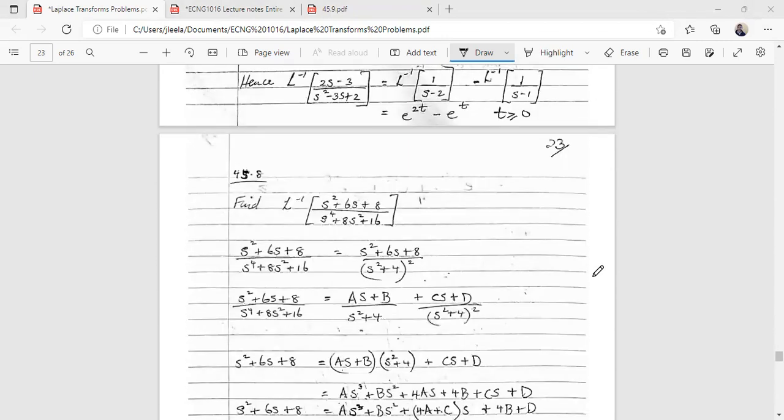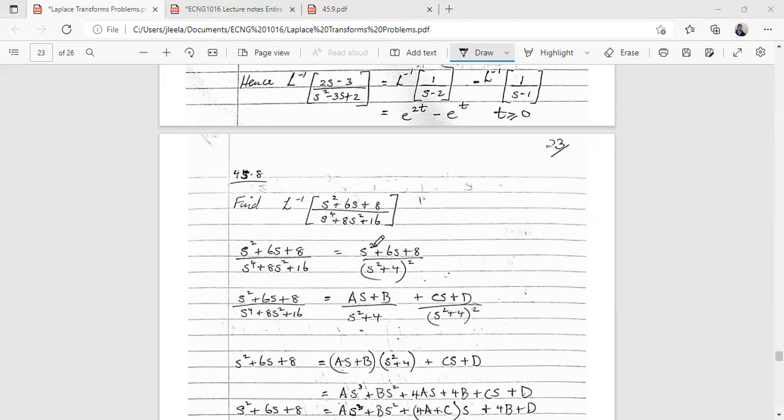Okay, so 45.8. The Laplace inverse of s squared plus 6s plus 8 over s to the power 4 plus 8s squared plus 16. Right, so if you notice here, this denominator here is a perfect square, right? So you could factorize the denominator into s squared plus 4 in bracket squared.